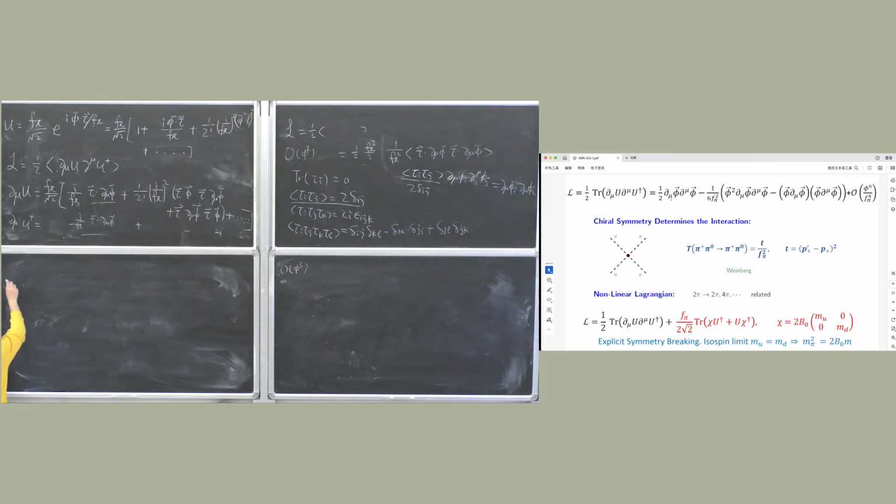So we have the partial mu U equals to the above one plus, again, we should pay attention to the order of such fields.